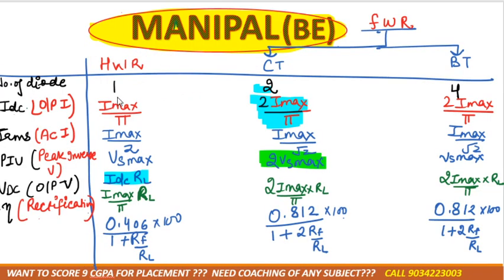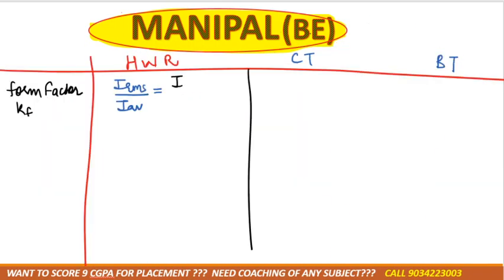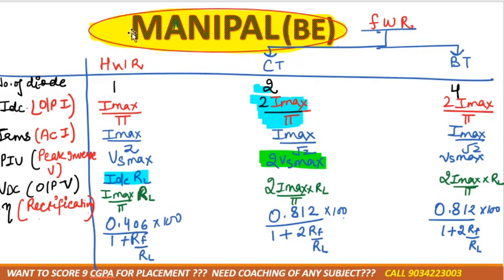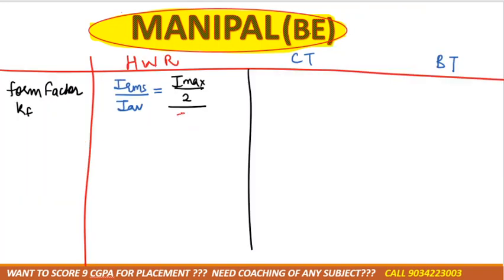I just told you, that is I max by 2, right? And I average is how much for the half wave rectifier? That is I max by pi. So if I solve it, I max would be cancelled. It would be pi by 2. If we solve it, then we'll get the value as 1.57.